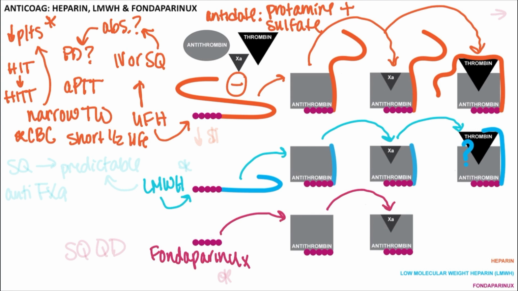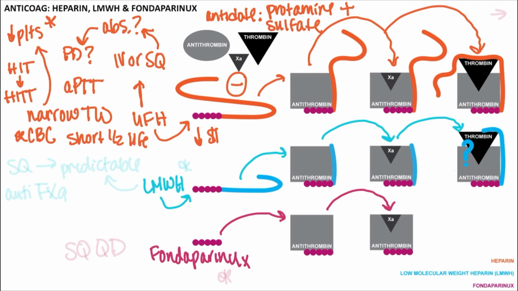So we have quick on effects, so we're going to reach our steady state for therapy in several hours, and we have quick off effects, for instance, if there is any signs and symptoms of bleeding or if emergent surgery is necessary. And this agent is very cheap compared to many of the other agents we'll talk about.